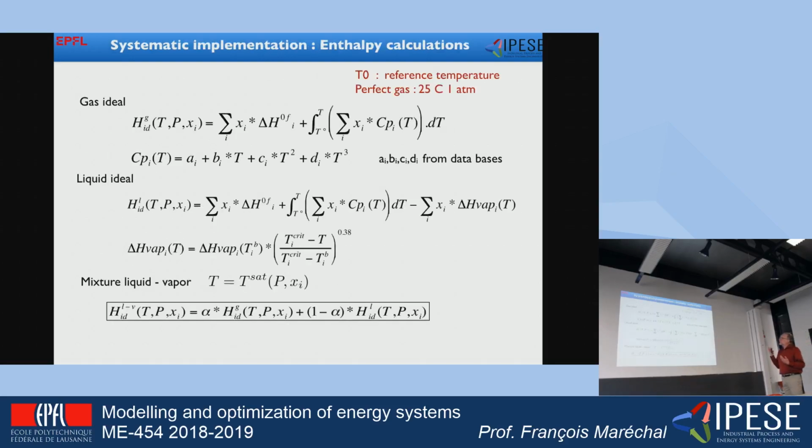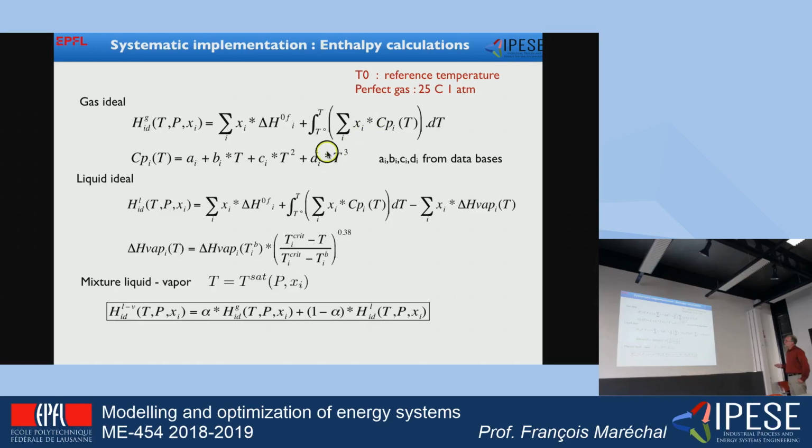Okay, so those are the equations that allow to calculate enthalpy. If I have to calculate the enthalpy, I know that the enthalpy is obtained by summing up the contributions of each of the compounds with their enthalpy of formation, and then the integral from a reference temperature to the temperature at which we are, of the sum of the contributions of the Cp of each of the compounds multiplied by the fraction of each of the compounds, with respect to the temperature.